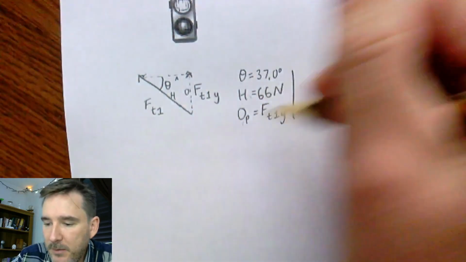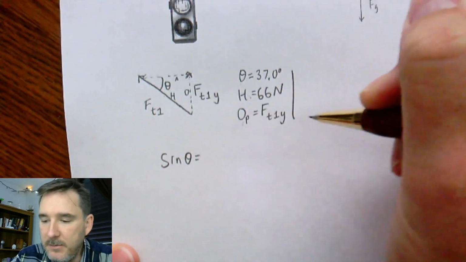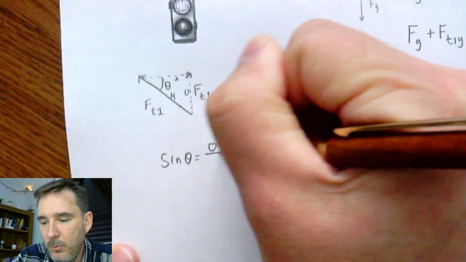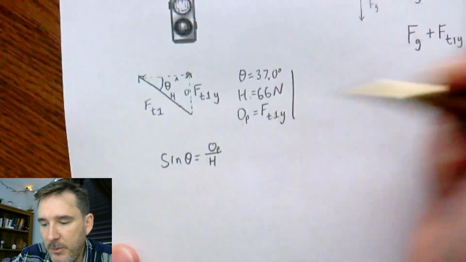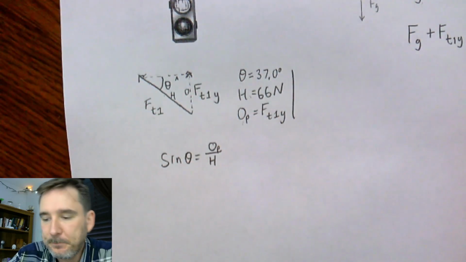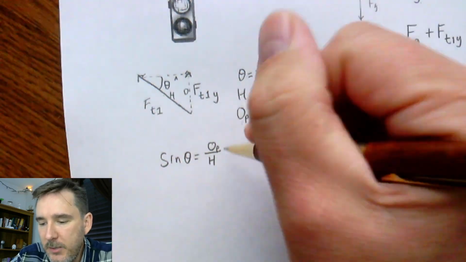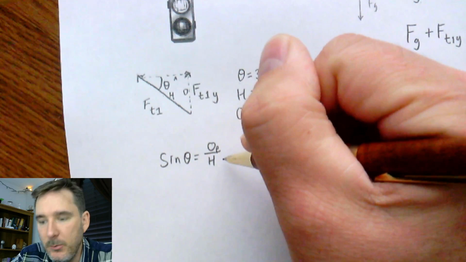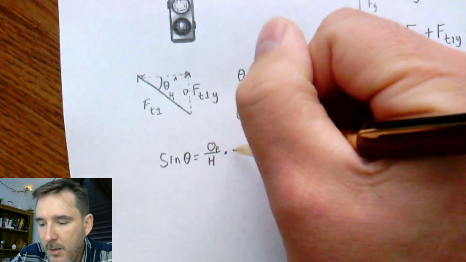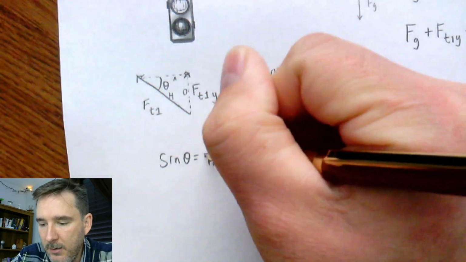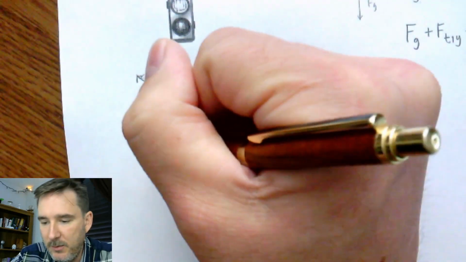So the equation I'm going to use is the sine of theta is equal to, in other words, opposite over hypotenuse. And just so that we know that's not a 0, I'm going to put a little p there. We are trying to find the opposite side. So what I need to do is get rid of this hypotenuse. And since it's being divided right now, it's the denominator, I will multiply by it here, and that will cancel out. Now, whatever you do to one side of the equation, you have to do to the other side.